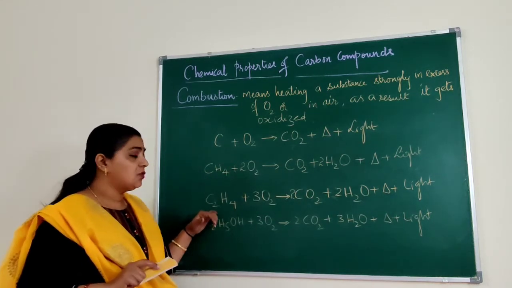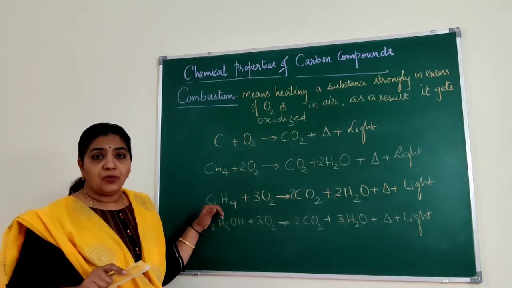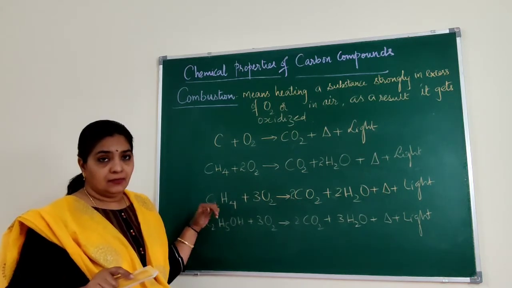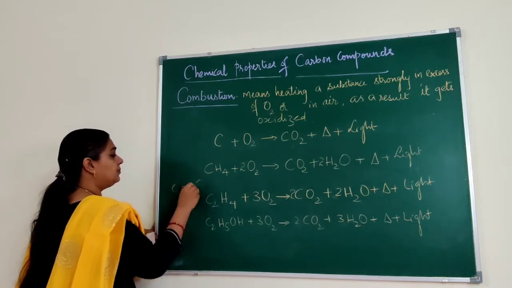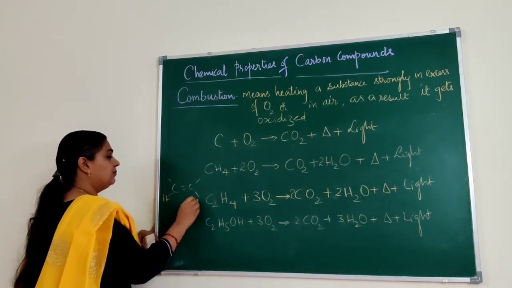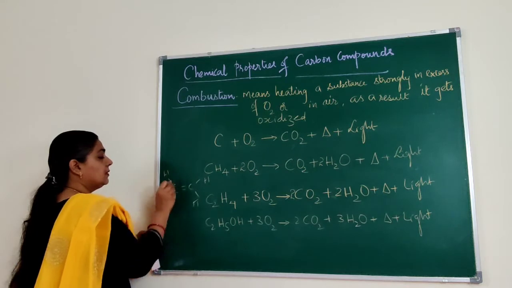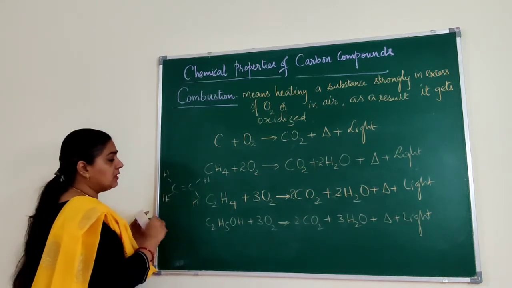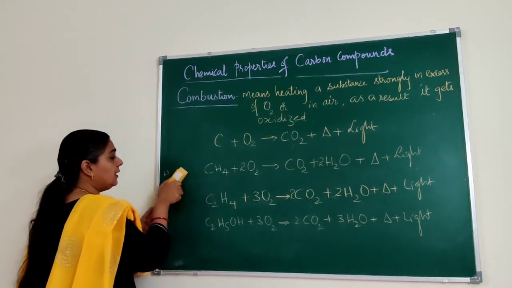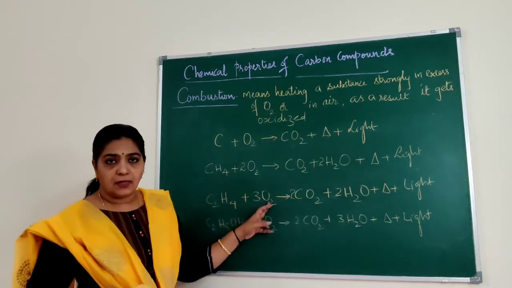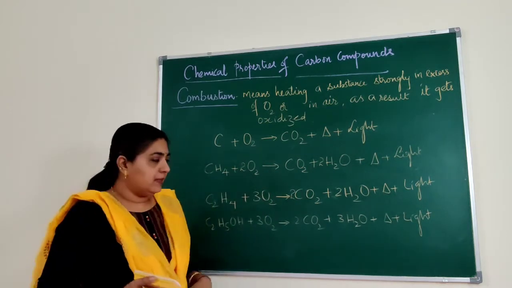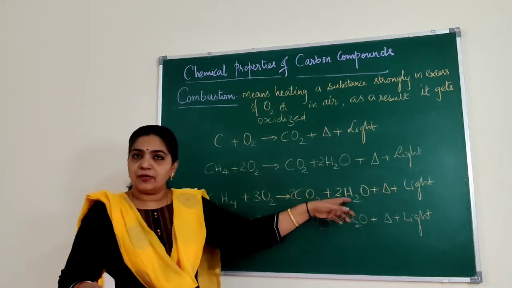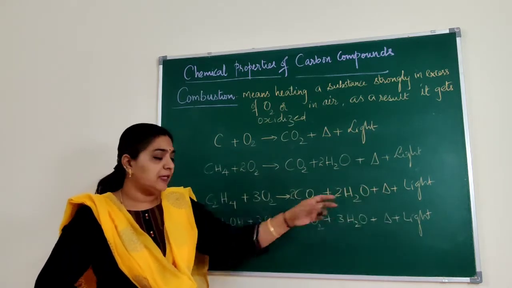And what is C2H4? You know very well, it is ethene, with a carbon-carbon double bond. So when ethene is combusted, when it is burnt, it will release carbon dioxide and water with a lot of heat and light.